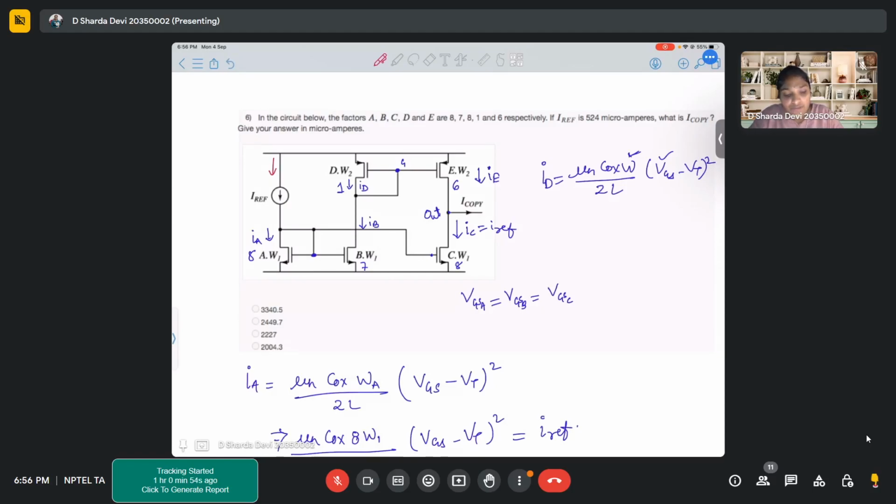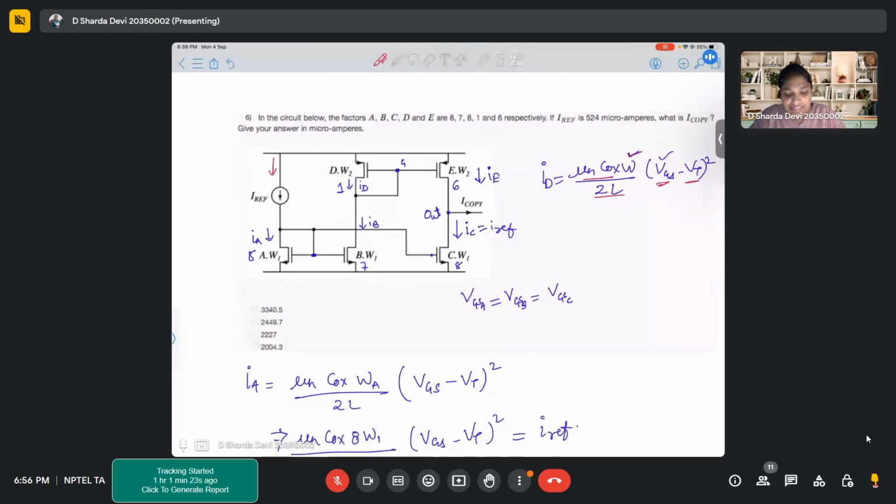So if I have the same width W, can I get the same current from these transistors? So what I'm saying is your VGS is equal, VT of all the transistors is equal, mu and Cox by 2L is equal. What is different is W.